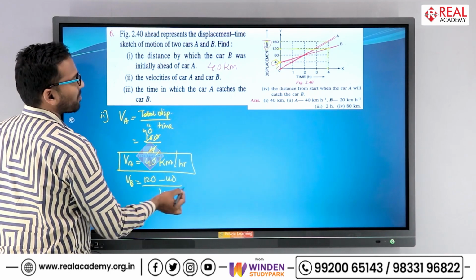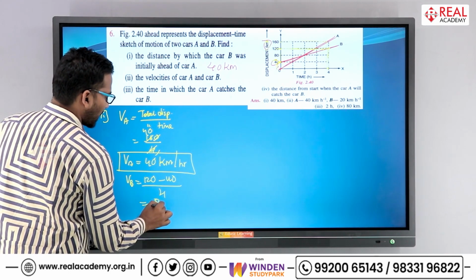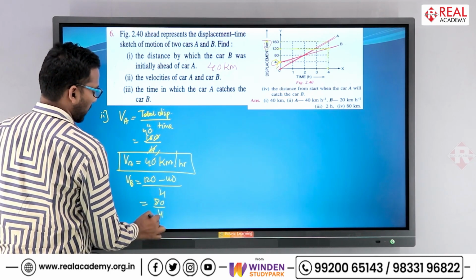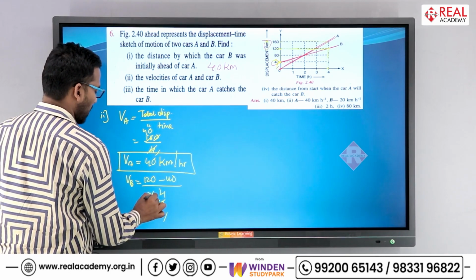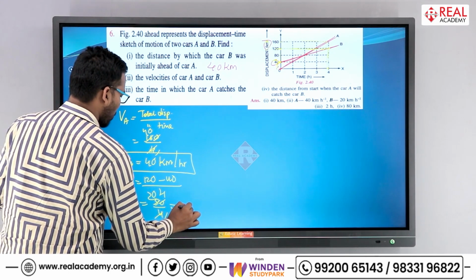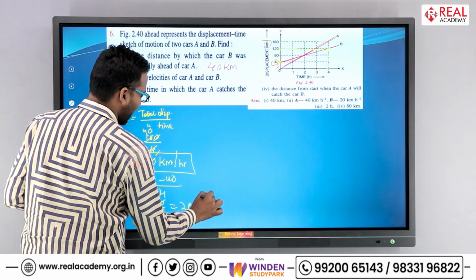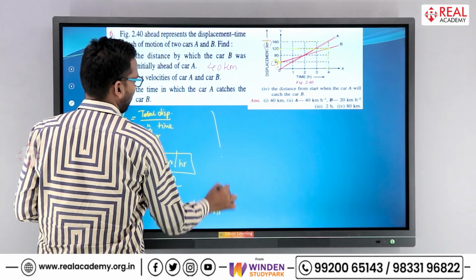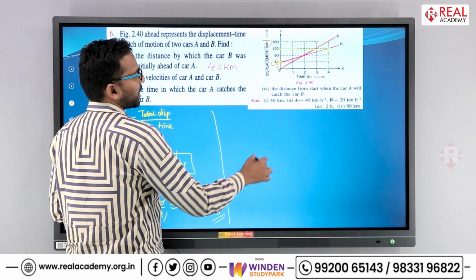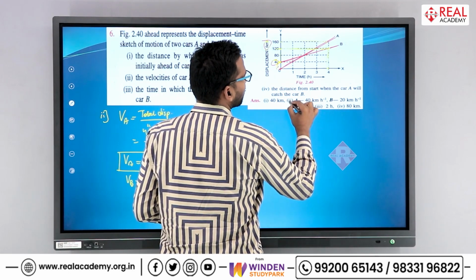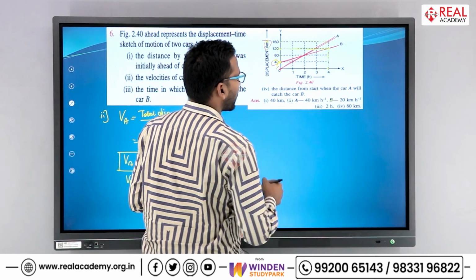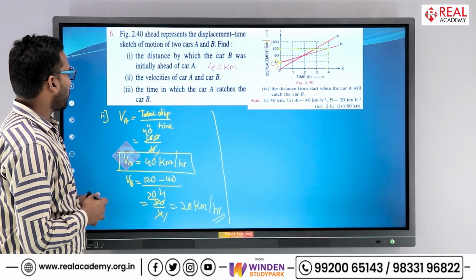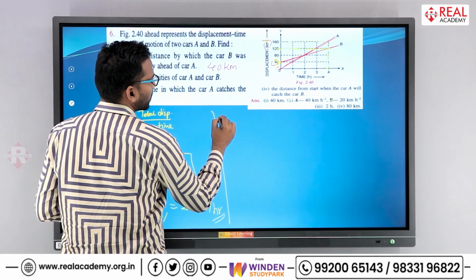So 120 minus 40 is 80 upon 4. That is 20, so VB is 20 kilometer per hour. VA is 40 kilometer per hour. VB is 20 kilometer per hour. Okay. Now the third question.